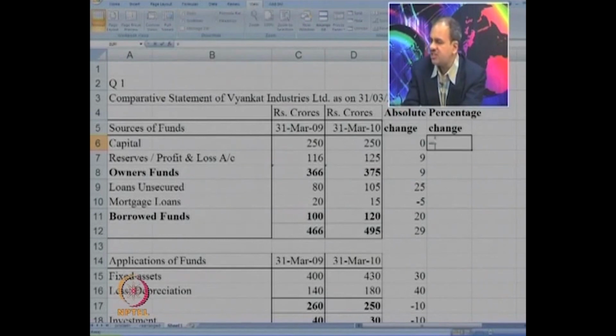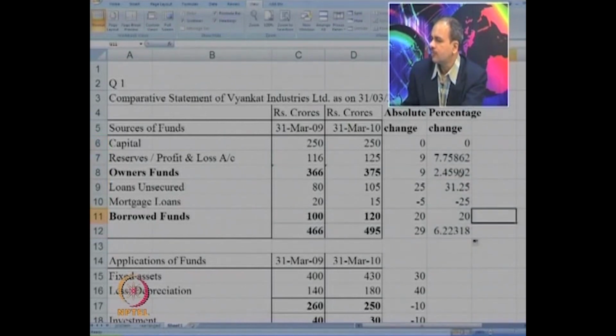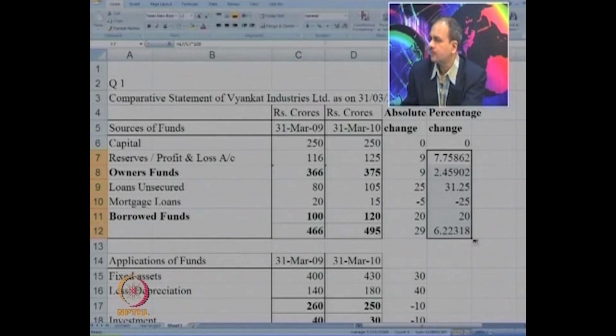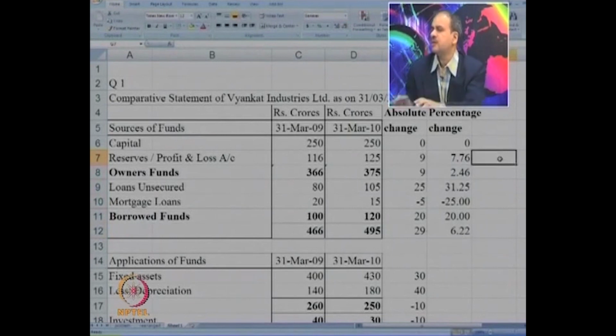So percentage change, what we will try to do is this change divided by the base figure into 100. First one is of course 0. So now I think it will make more sense to you.